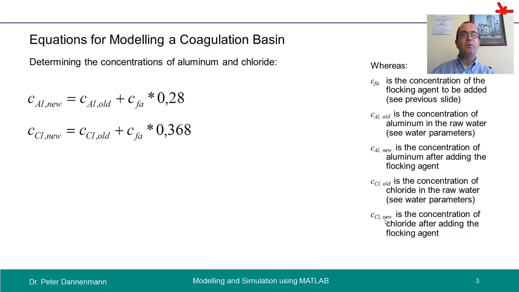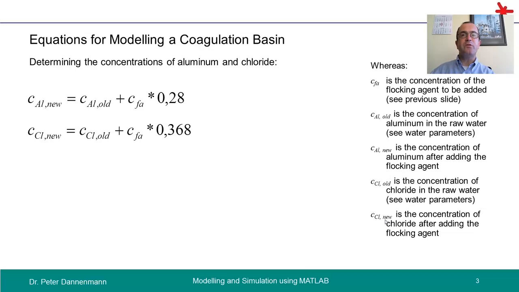Like the aluminium, the molecule of the flocking agent also contains 12 chlorine atoms. However, the molar mass of chlorine amounts to 35.45 grams per mole.